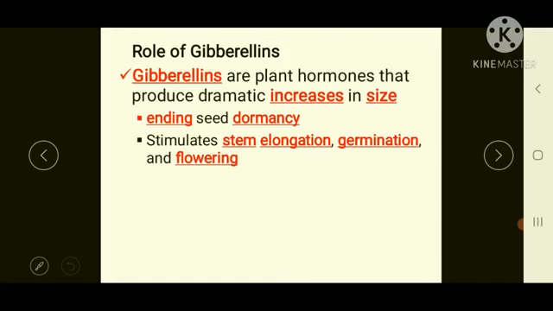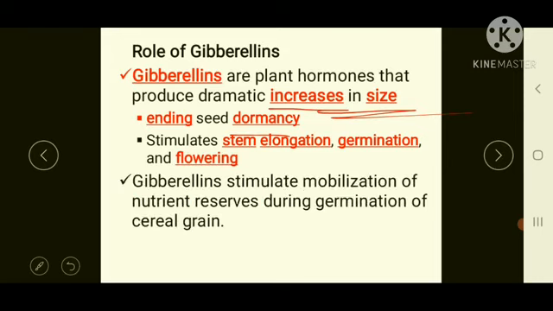Gibberellins are a plant hormone that produces a dramatic increase in size. They do this by ending seed dormancy and stimulating stem elongation, germination, and flowering. Gibberellins also stimulate mobilization of nutrient reserves during germination and cereal growth.